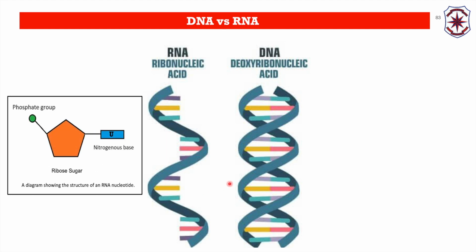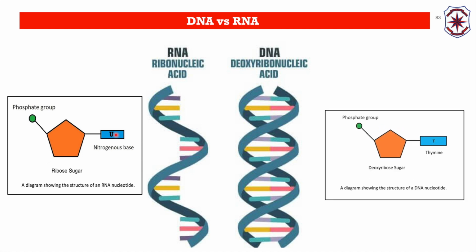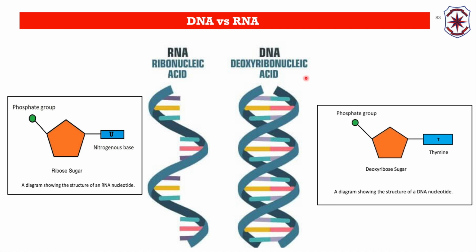An RNA nucleotide has 3 components: a phosphate group, a ribose sugar portion, and it may contain the nitrogenous base uracil. However, a DNA nucleotide also contains 3 components. A phosphate group, however, in its sugar portion, it would consist of deoxyribose sugar, and it may contain thymine instead of uracil.